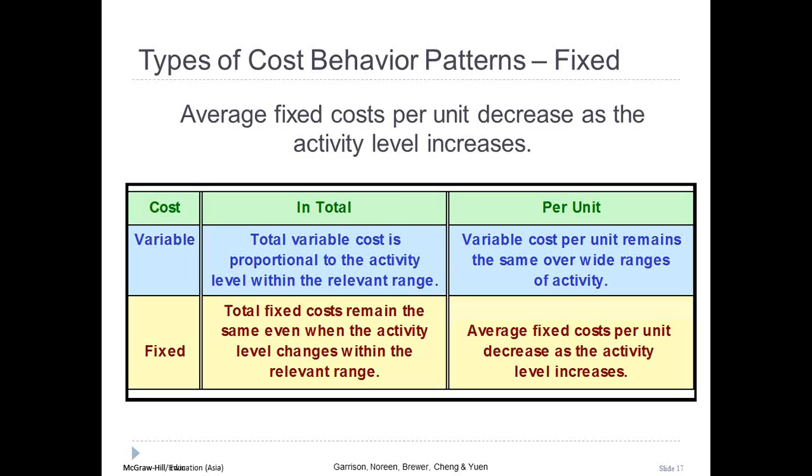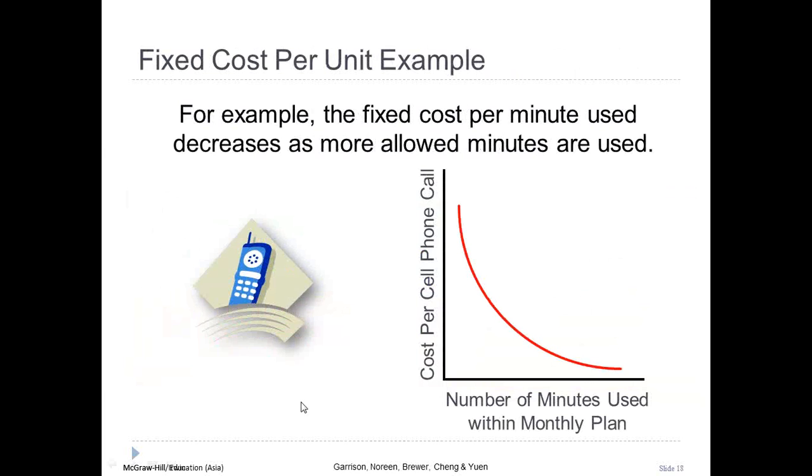If we use it for 100 minutes, then the $50 is divided by 100 minutes, and we would be running at 50 cents per minute. So the unit fixed cost will decrease as volume increases.